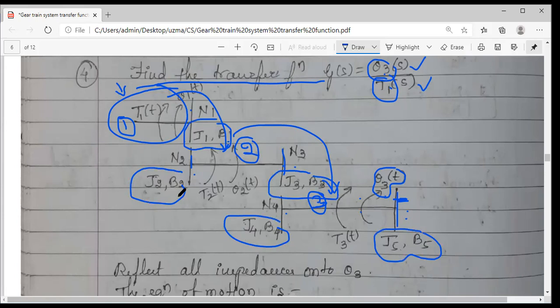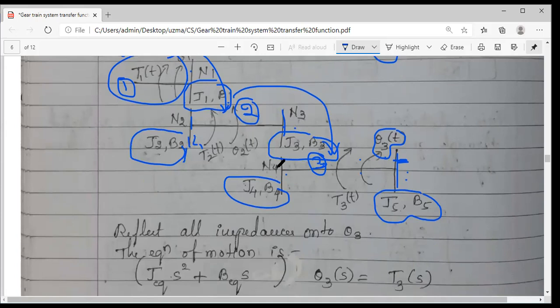Suppose K is also there, they could have given K1, K2, K3. Under that condition, your equation will include K. But in this example, K is excluded. But if they give you K1, K2, you have to include that also, because that parameter value will also change.